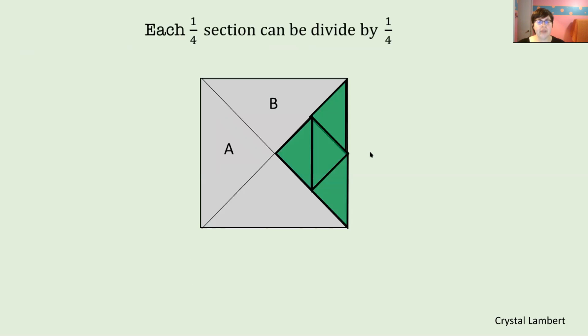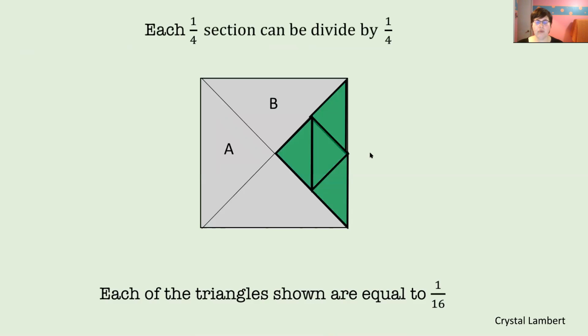So there we have to multiply 1/4 by 1/4. Each 1/4 section can be divided by 1/4. But to get how much area our smaller triangle is, we have to multiply 1/4 times 1/4, and that's going to give us 1/16.